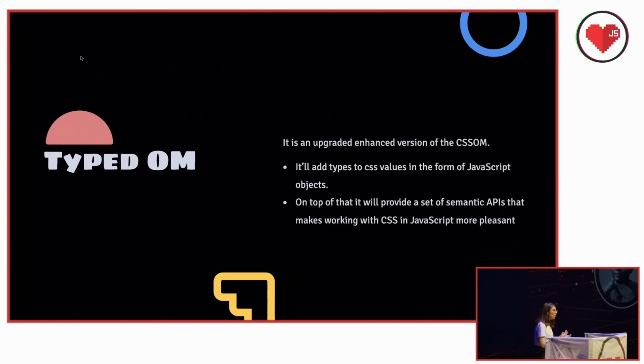So typed OM is an upgraded, enhanced version of the CSS object model. It will add types to CSS values in terms of JavaScript objects. And on top of that, it will provide a more semantic API for us so that it will be easier to work with styling in our JavaScript code.